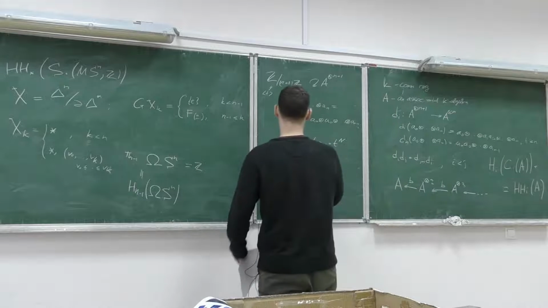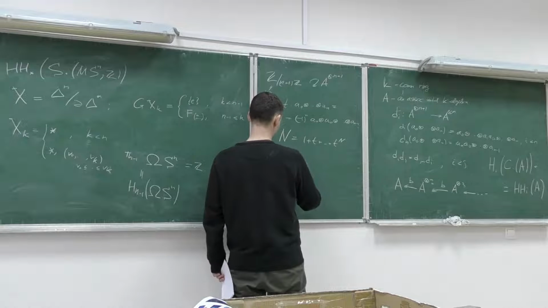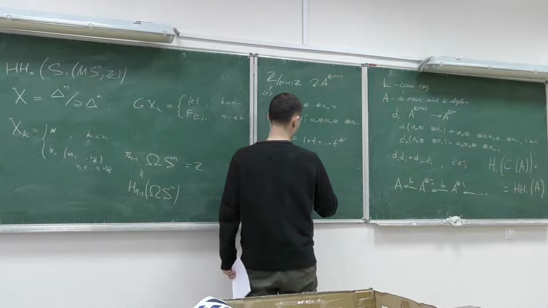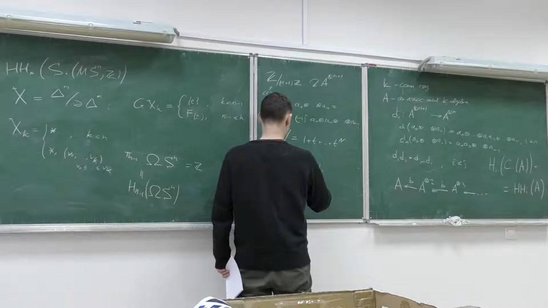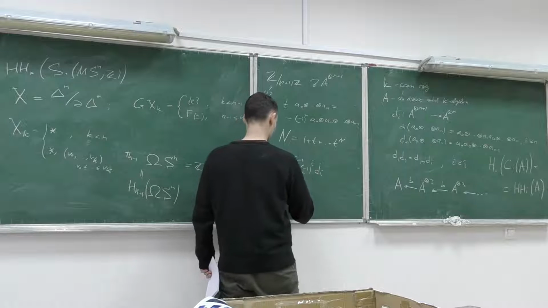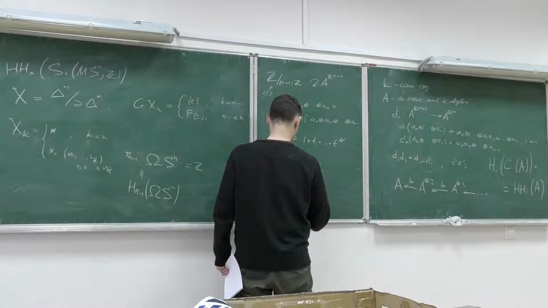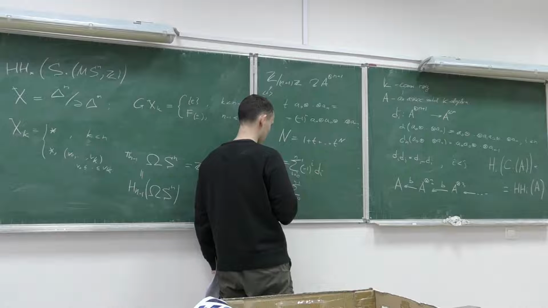So if you remember, we had this thing in the definition of the Hochschild complex. And we have something very similar, B prime. It just doesn't have the last summand.